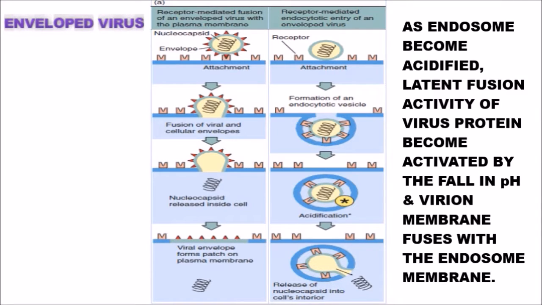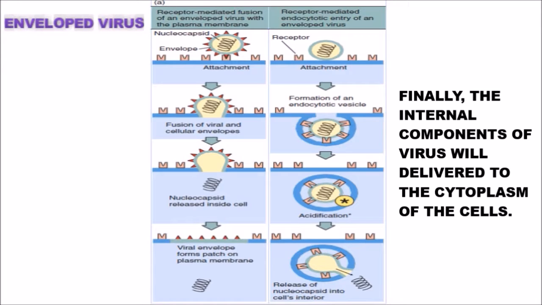As the endosome becomes acidified, the latent fusion activity of the viral protein becomes activated by the fall in pH, and the virion membrane fuses with the endosome membrane. The result is delivery of the internal components of the virus to the cytoplasm of the cell.